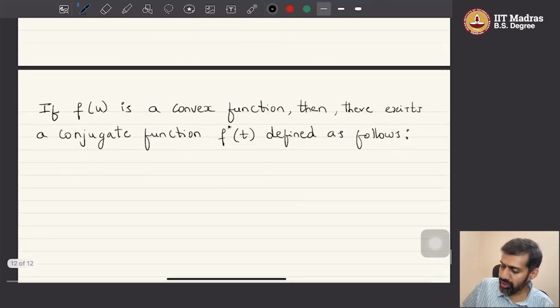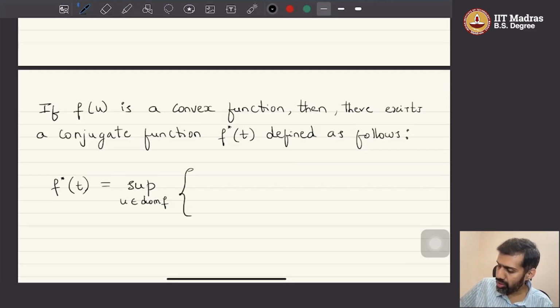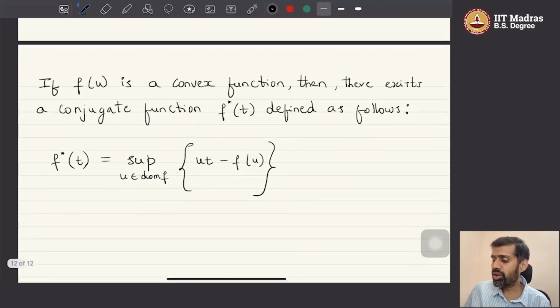Now, f star of t has a pointwise definition. F star of t is equal to the supremum, or the maximum, over the domain of f, of the function ut minus f of u. So this is the definition of what is called a conjugate function of a convex function.